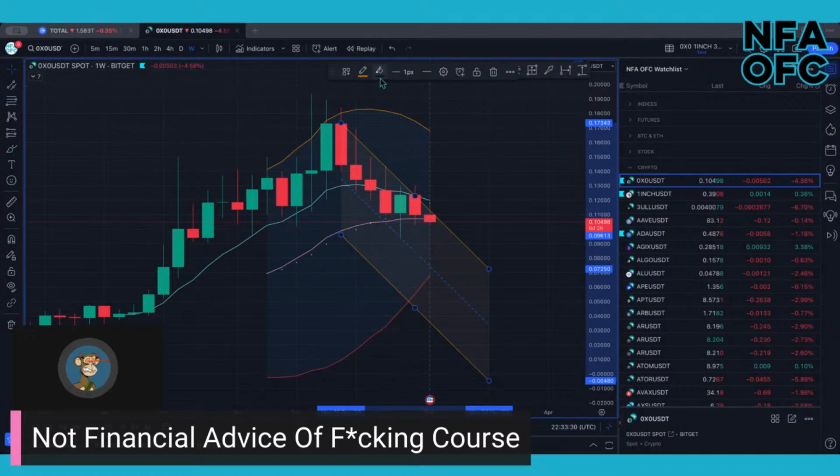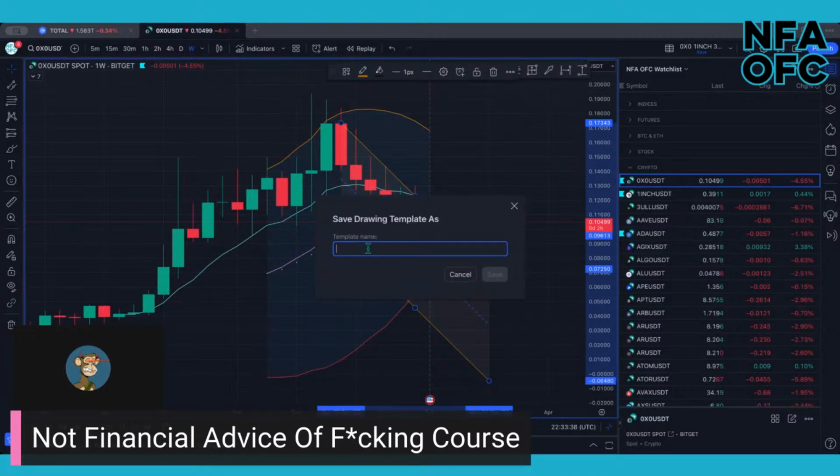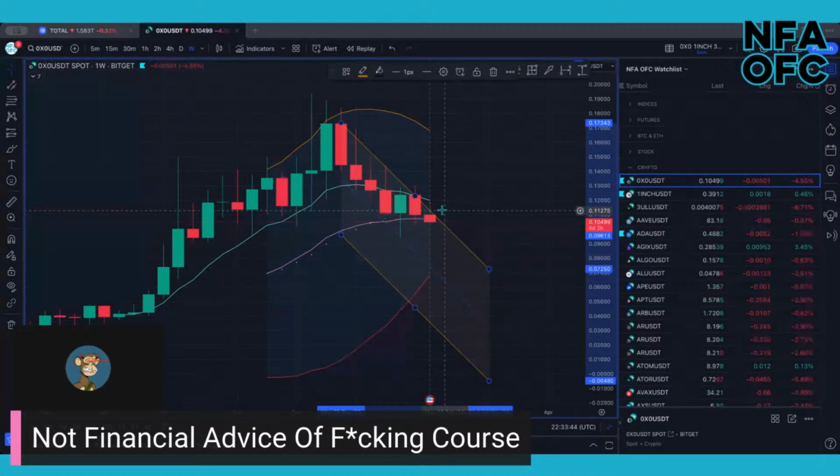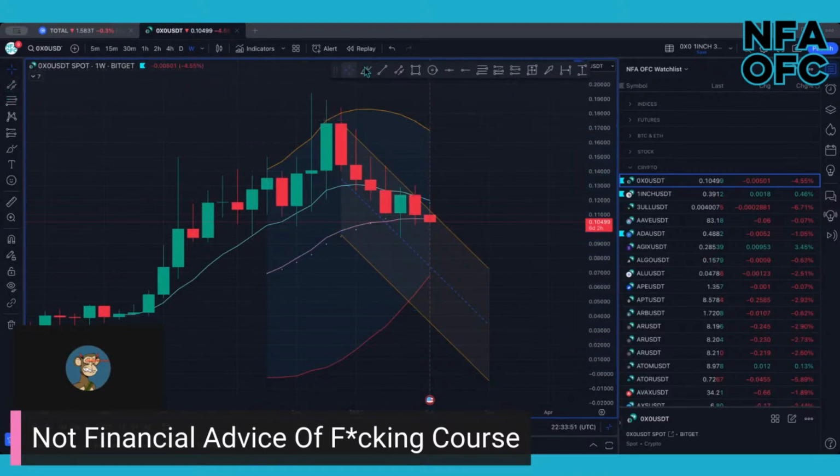As it's a weekly, I will change the color to match. And I'm going to be looking for support now with this. I used my horizontal. I'm going to put this on lock.